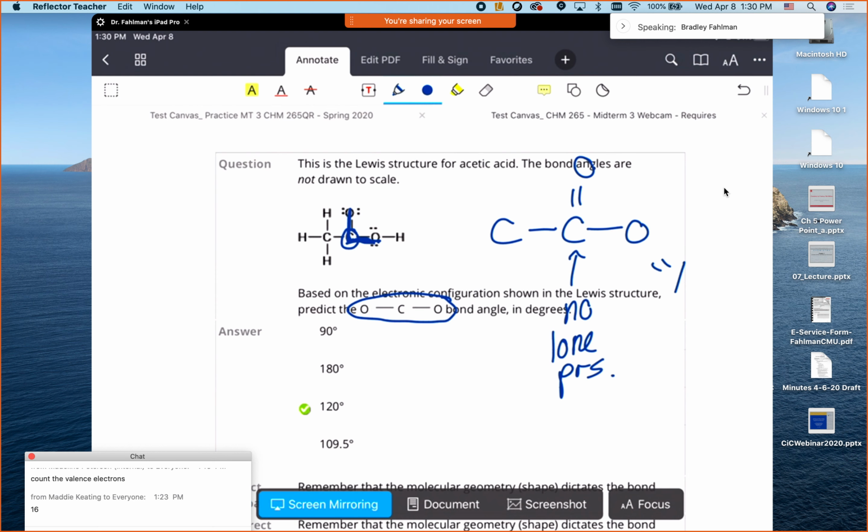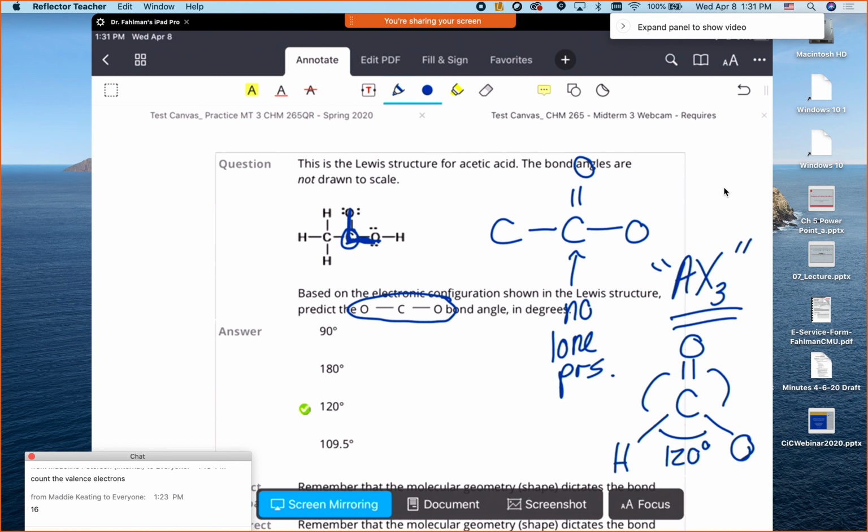So this would be our AX3 type of geometry, so it's going to be more like this, where all these angles are 120 degrees. Trigonal planar is the geometry.